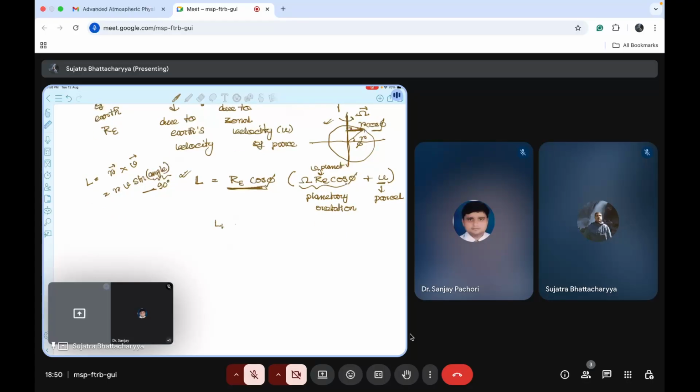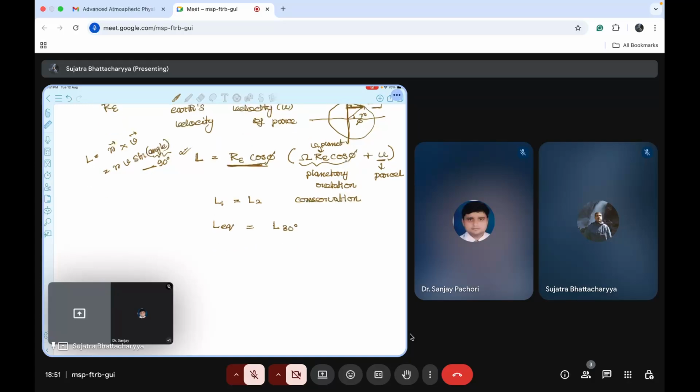Now we will use the conservation of angular momentum. We will take L1 is equal to L2. This is your conservation, right? Angular momentum conservation. So what we will do is that we take L1 as L at equator, because that is the point from where the parcel has started, equal to L2, which is at 30 degrees. These are constant, okay, according to the conservation of angular momentum.